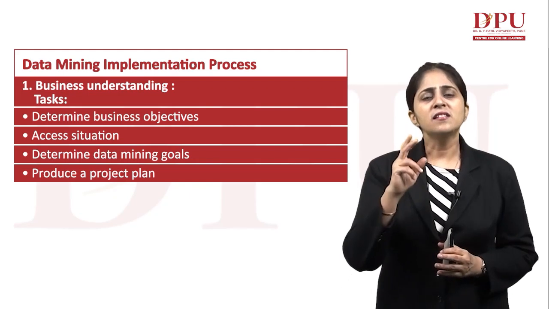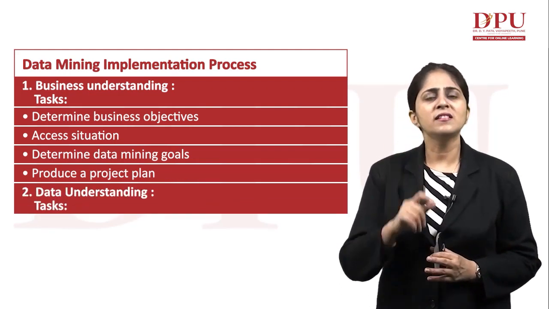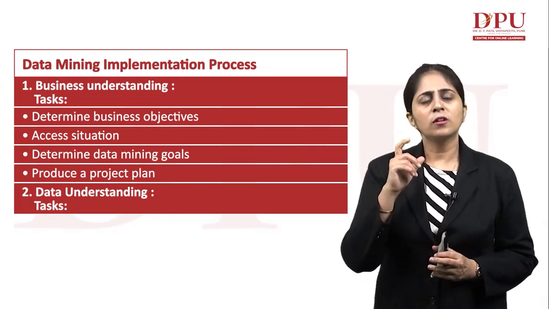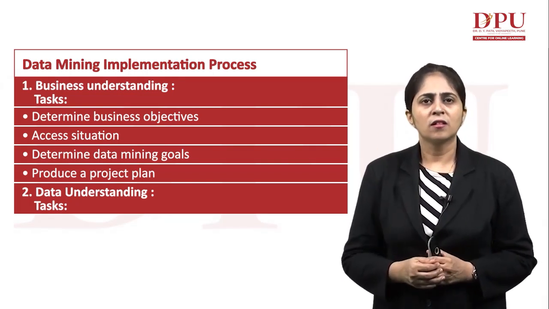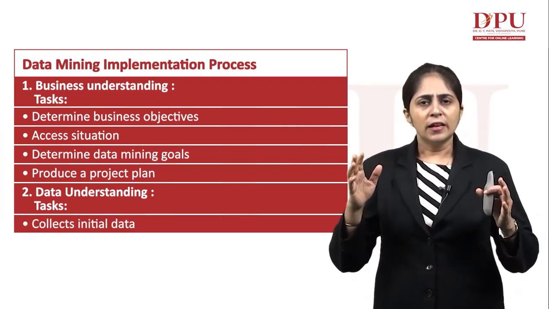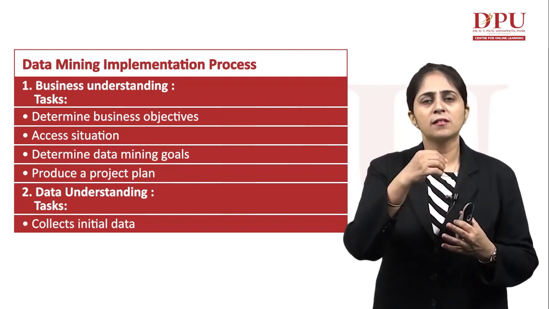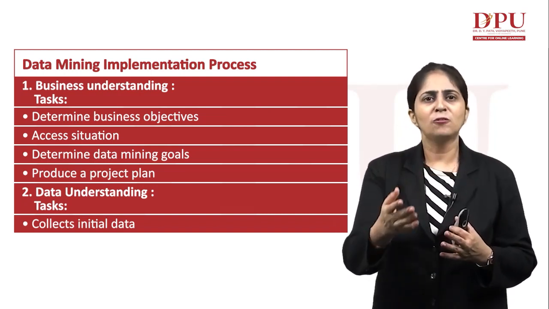Second is data understanding. Now we have to understand the data. What all tasks will be required for it? First of all, collecting the initial data. If a customer is buying some product, he is making some sort of transaction related to that product.